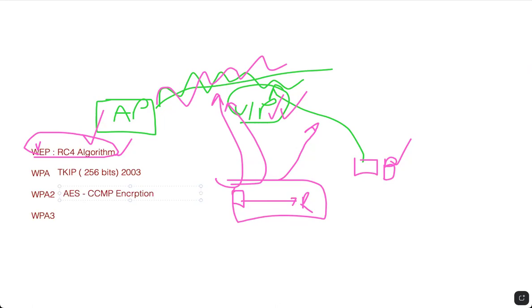So now they added extra security in 2004. They went with AES, which is very tough to break compared to WPA. WPA2 is very tough. Intruders were not able to break it until 2018.